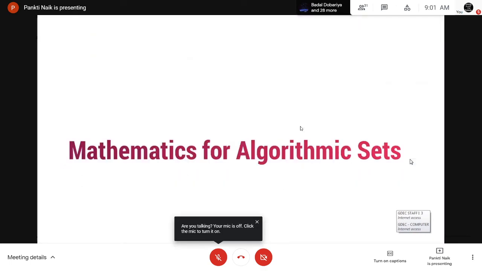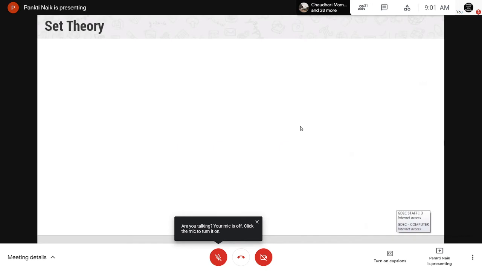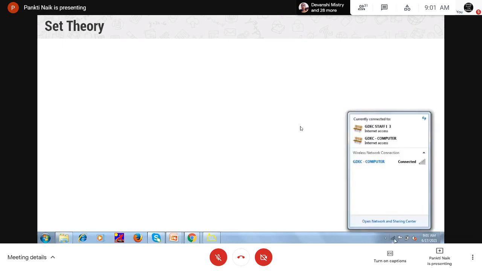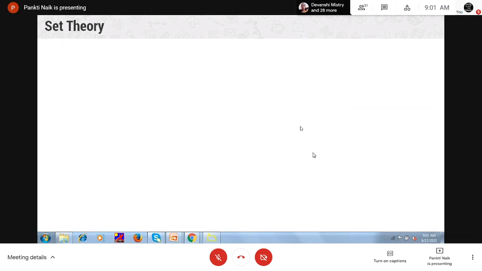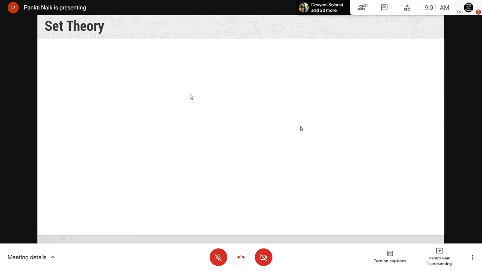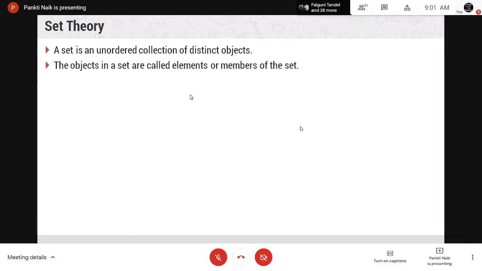we start with the mathematics of algorithmic sets. Right? So what is set? A set is an unordered collection of distinct objects. Right?